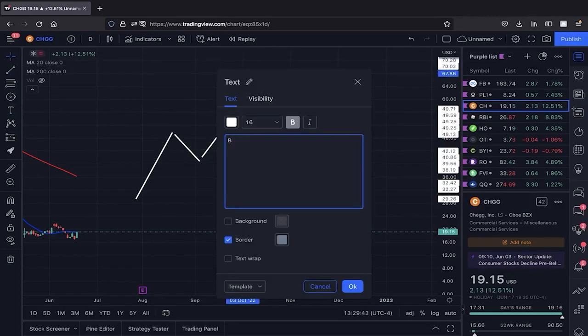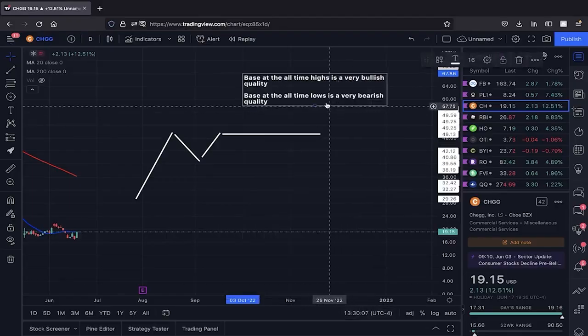A consolidated base at the all-time highs is a very bullish quality, okay? And similarly, a base at the all-time lows is a very bearish quality.